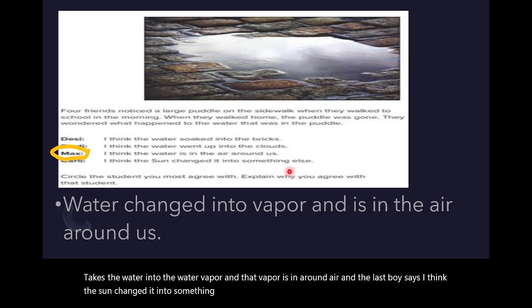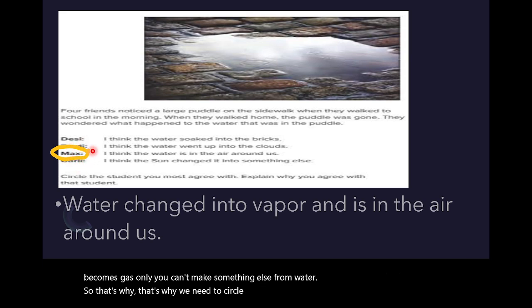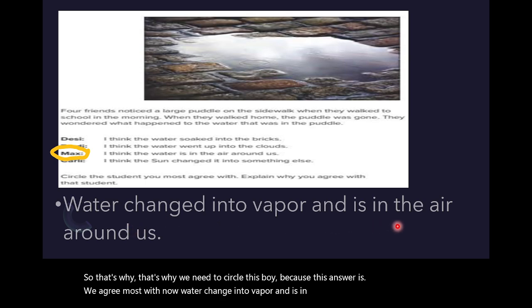No, it can't be. With water, only the state changes, it becomes gas only. You can't make something else from water. So that's why we circle Max, because this is the answer we agree with most. Now water changes into vapor and is in the air around us.